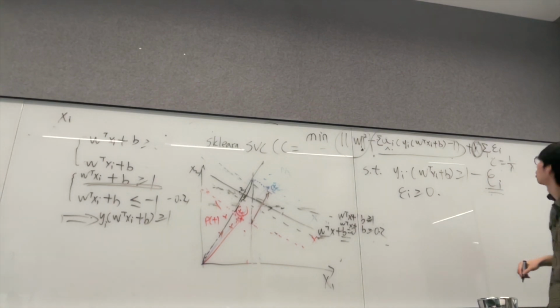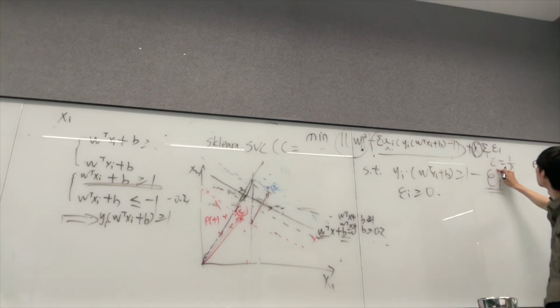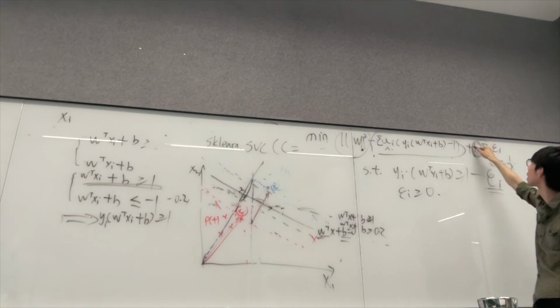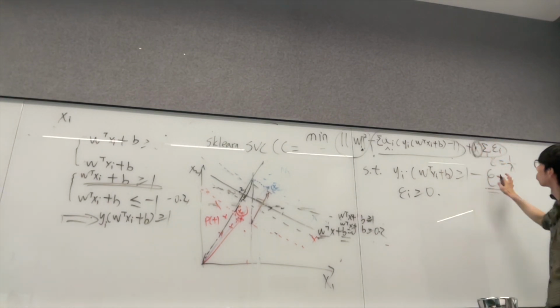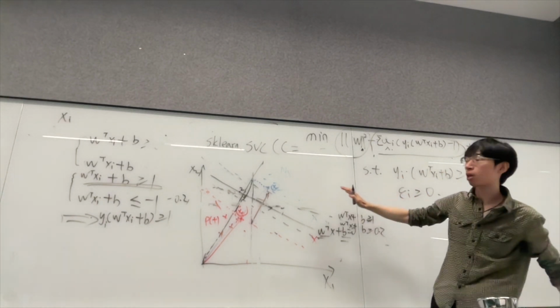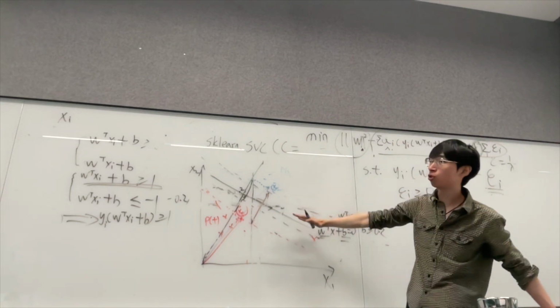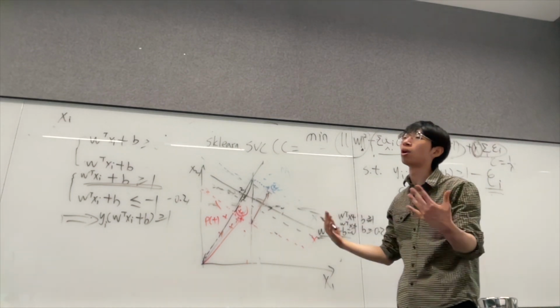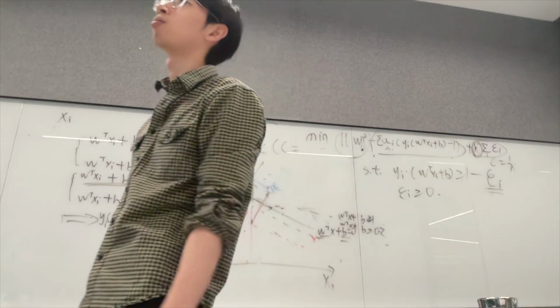So if you make C smaller, actually this will be bigger. That means you put more weight on this regularization term. You put more focus on the relaxation. So you will get more regularization.